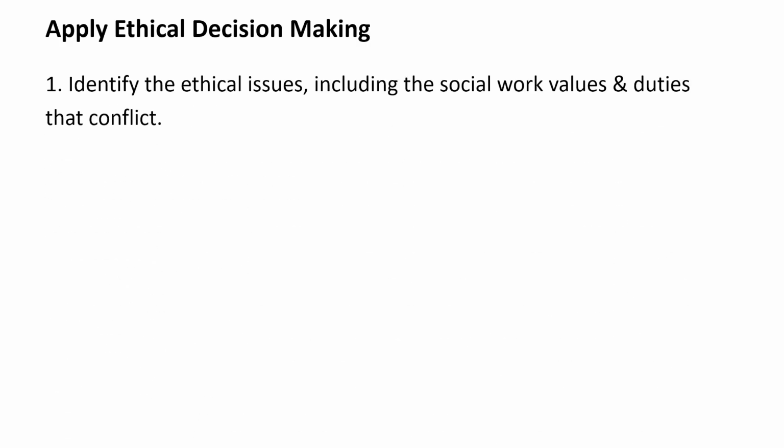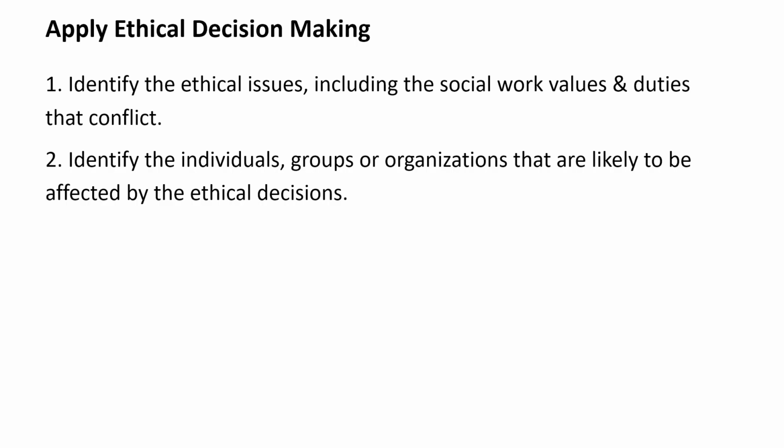First, identify the ethical issue or issues, including the social work values and duties that conflict. You can look at the situation with the student and understand what the ethical issues are. We've got the ethical issue related to the student and the medical situation related to reporting in the school setting.